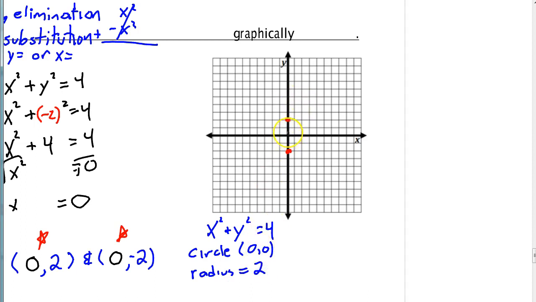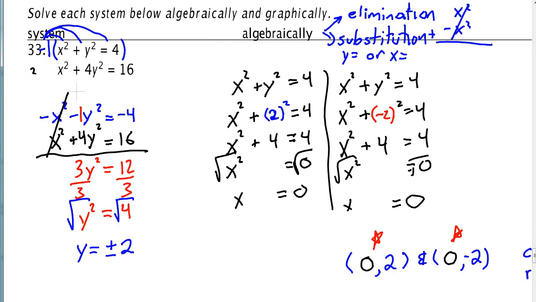So basically, we start at 0, 0, we'll go up 2 and down 2, and right 2 and left 2, and you can see already that we are intersecting with our answers that we got earlier. So there's our first graph. Second graph is x squared plus 4y squared equals 16.